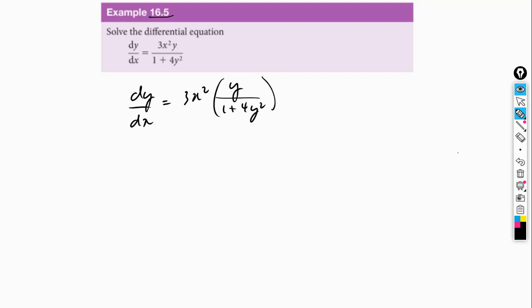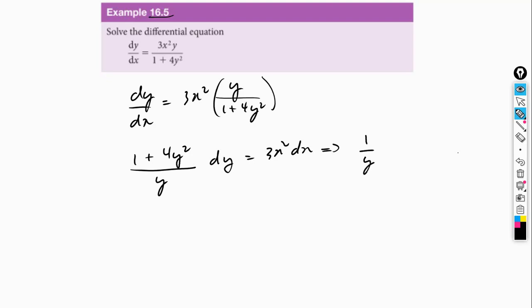And then we were able to separate the variables. So now we just have to send the y to the left and the derivative of x to the right. And we would get 1 plus 4y squared over y dy is equal to 3x squared dx.